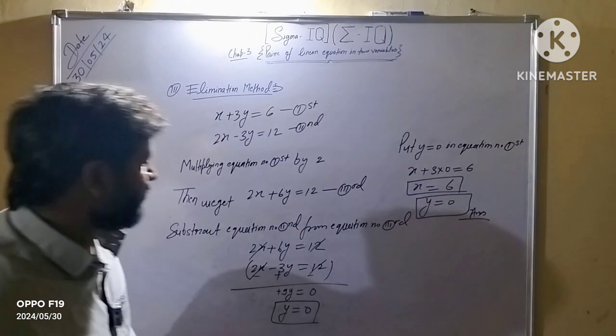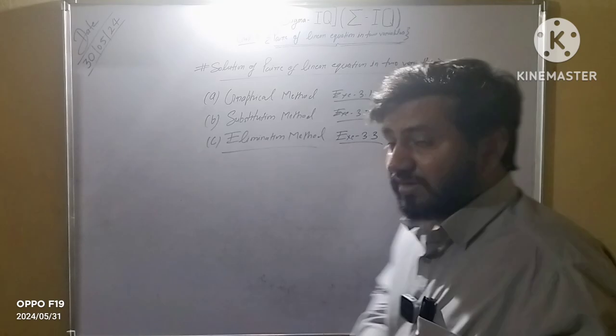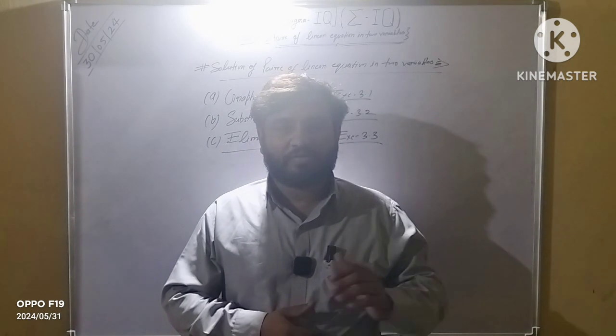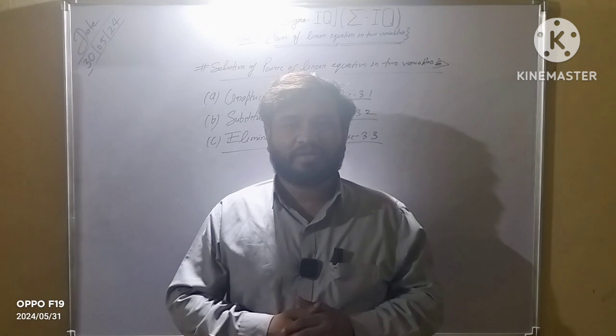I think the elimination method is clear to all of you. Okay, write, note down. I think now all three methods are clear to all of you. Now you can solve exercise 3.1, 3.2, 3.3.